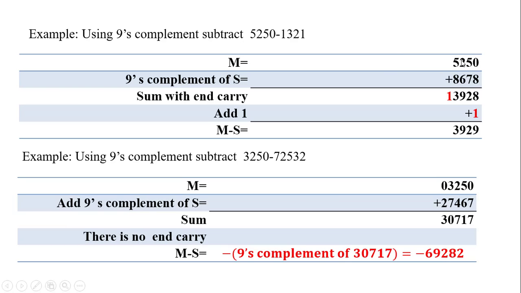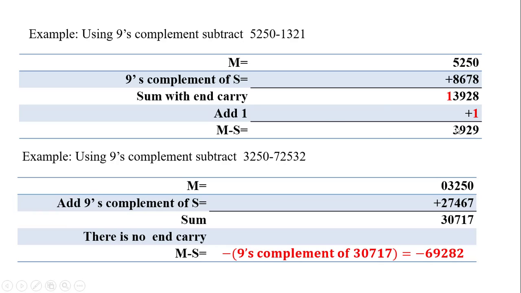When the minuend is added to the nines complement of the subtrahend, we get this result. These 4 digits are the sum digits, and this 1 is the end carry. When there is an end carry, add this end carry, or 1, to the sum, to these digits. So this is 3929. So M minus N is 3929.